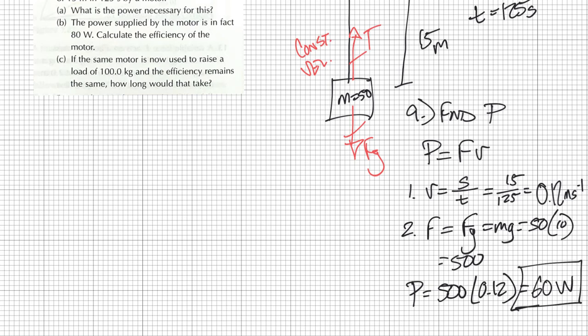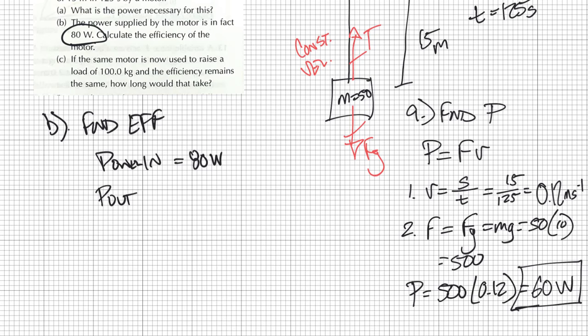All right, so for the second part, B, it says find efficiency. Basically what we see is that the engine itself, the power in, would be 80 watts. The power out is going to be 60 watts.